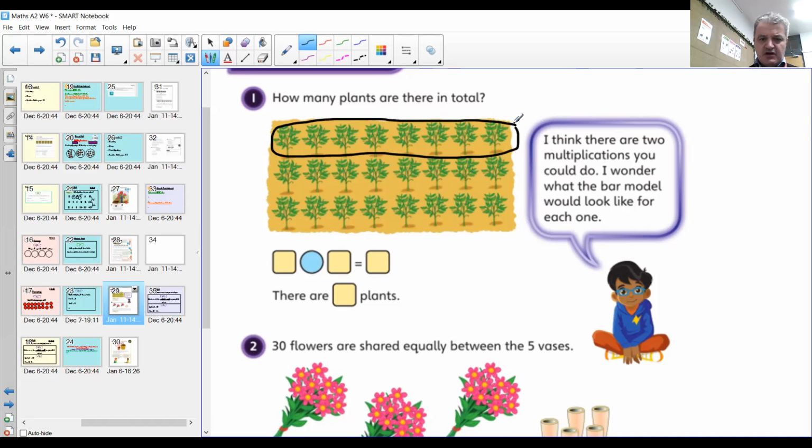Okay, I know there's a row of 8. It'd be quite good when we do area, if you think of arrays like this. So how many lots of 8 have we got? 3 times 8.